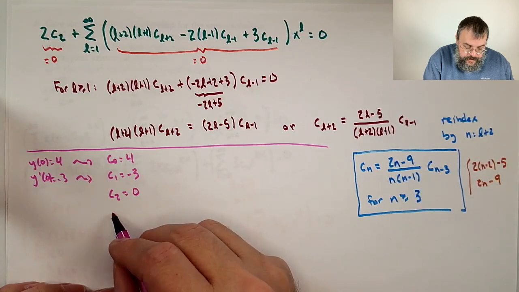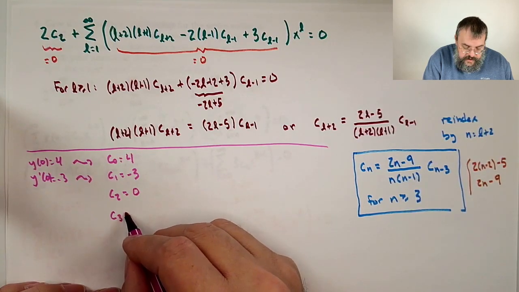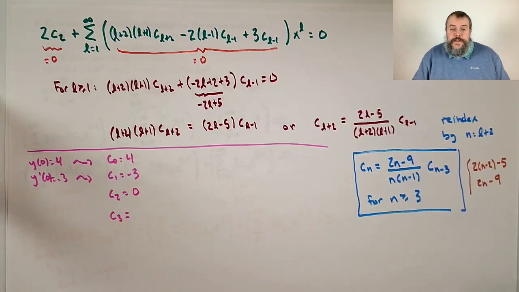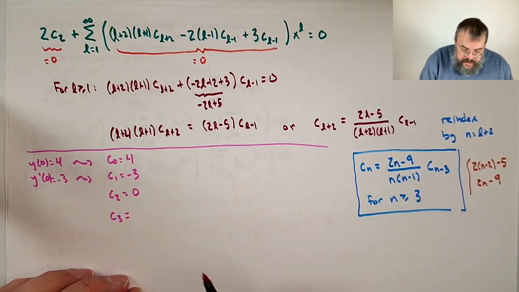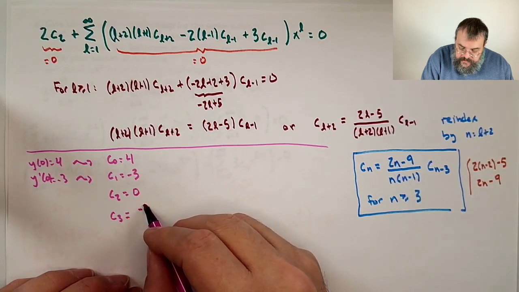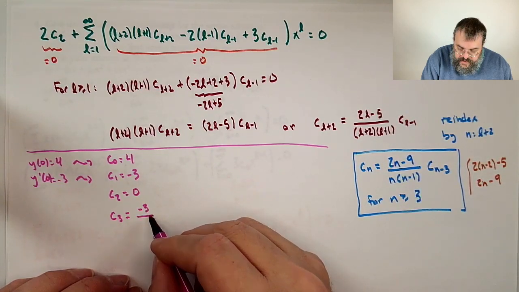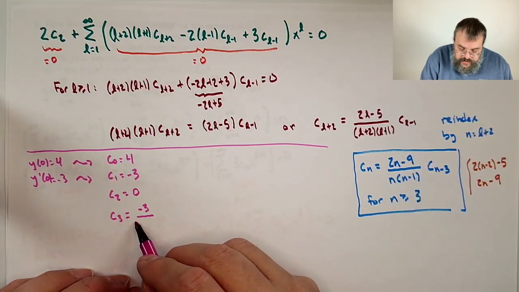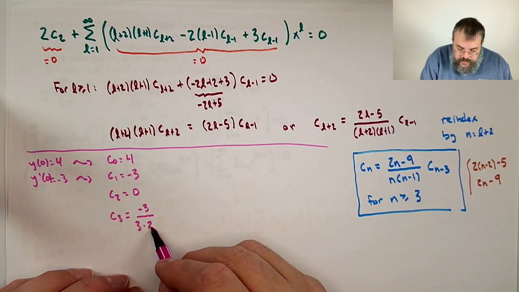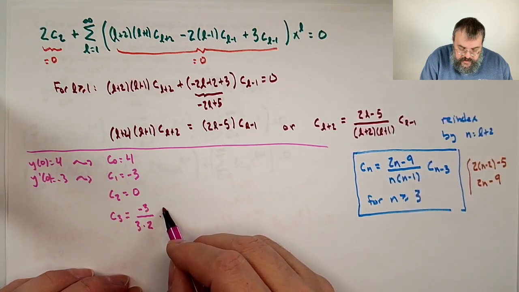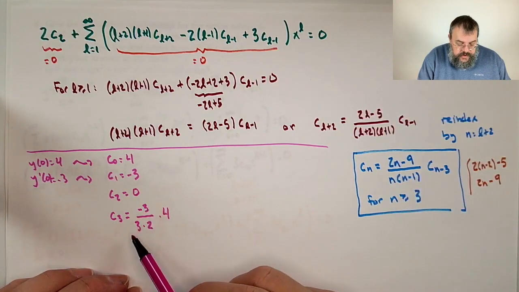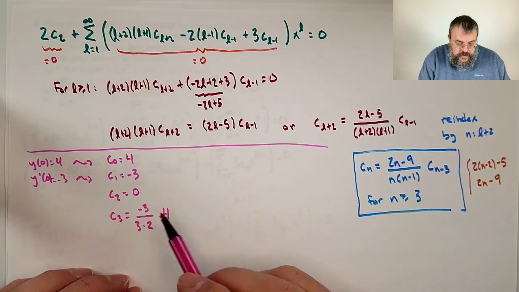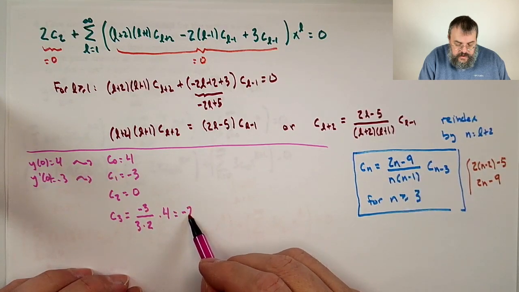All right, what about C3? Well, now we break out our recurrence relationship. So C3, that would be 6 minus 9, which would be negative 3, divided by 3 times 2 times C0. Okay, well, the 3's cancel. 4 goes into 2, so that leaves us with negative 2.